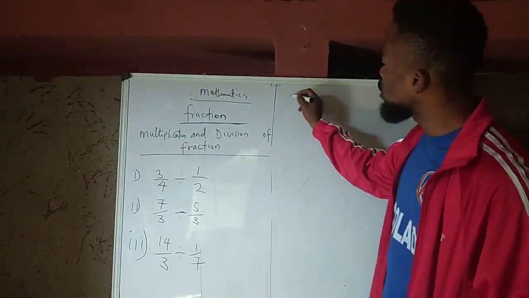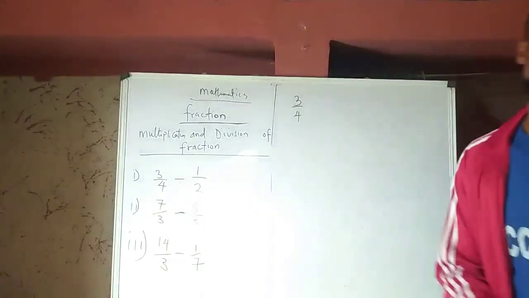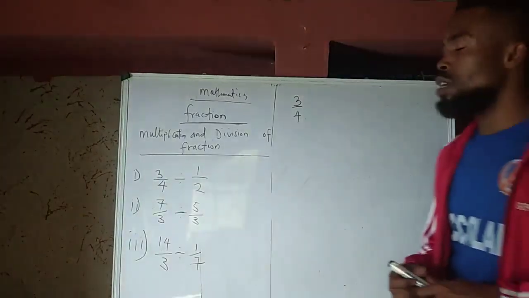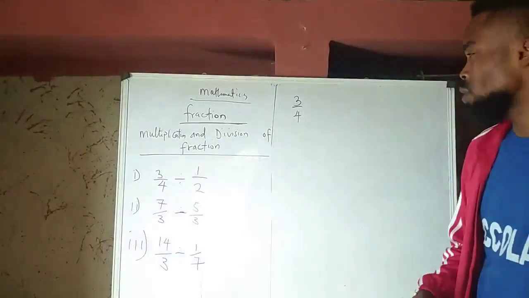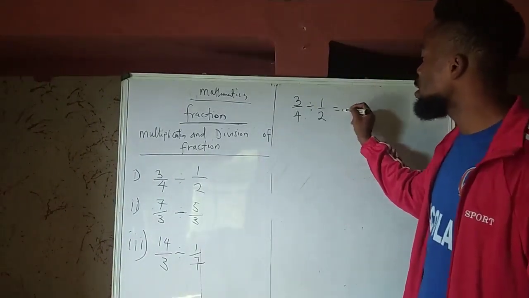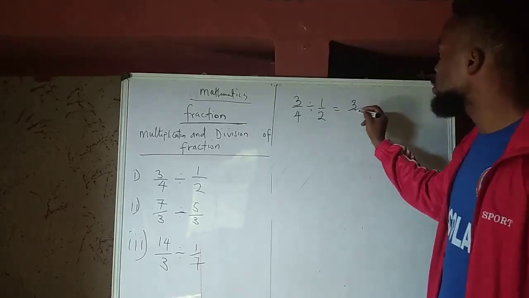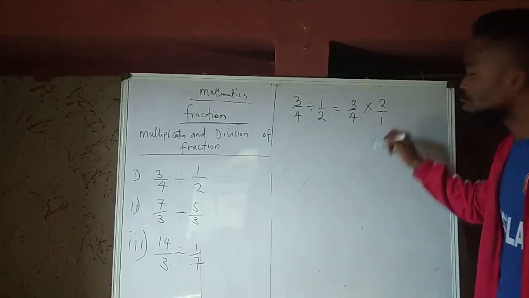So now, this is simple. Just follow this rule. It is actually called the multiplicative inverse of a number, but just follow what I'm going to do. If I have 3 over 4 divided by 1 over 2, this is the same thing as saying 3 over 4 times 2 over 1.